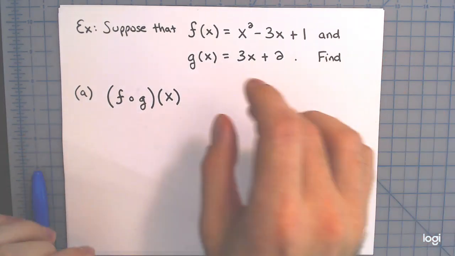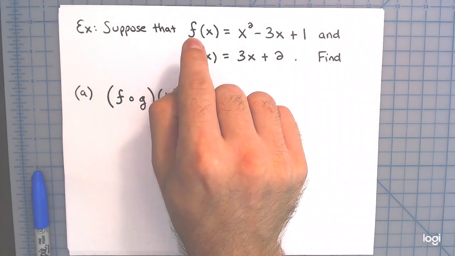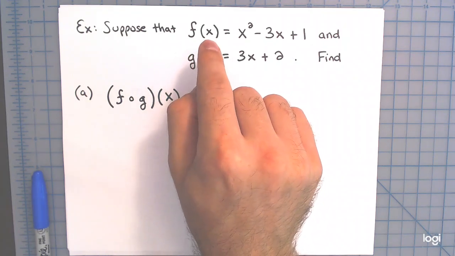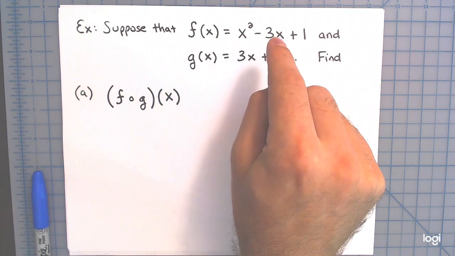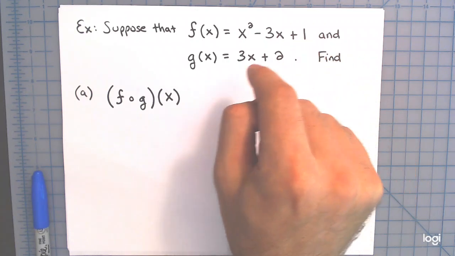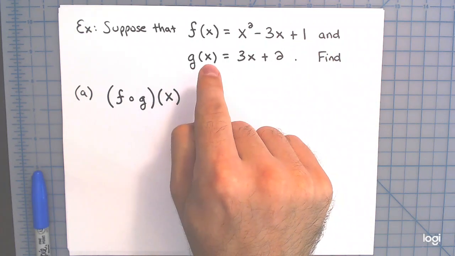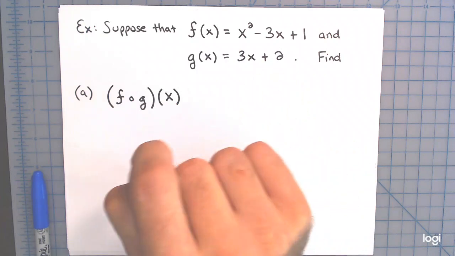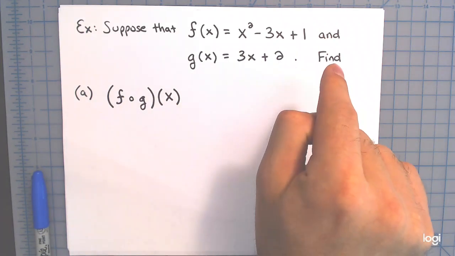So suppose that functions f and g again, I have f of x equals x squared minus 3 times x plus 1. And this function g of x is 3 times x plus 2. Okay. Find this.